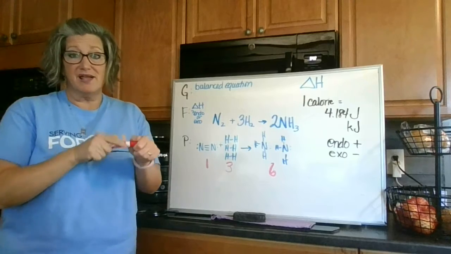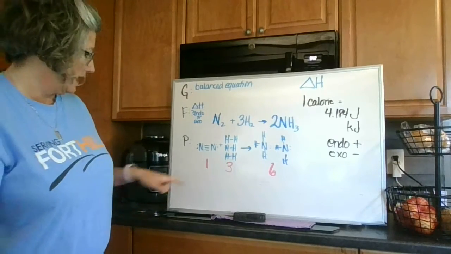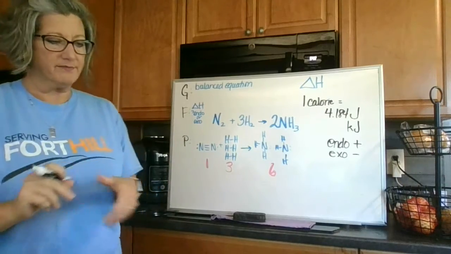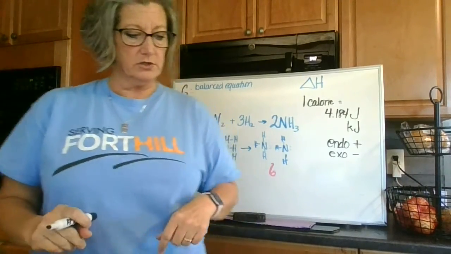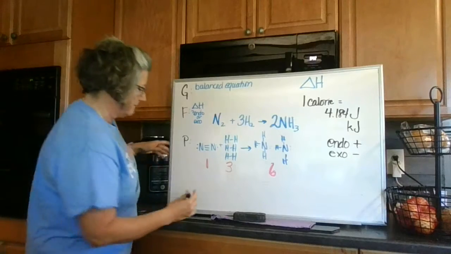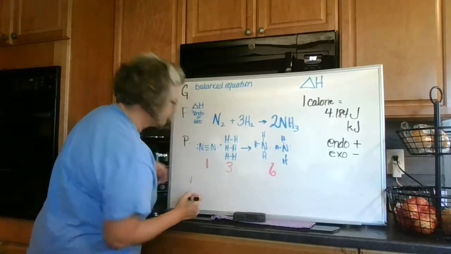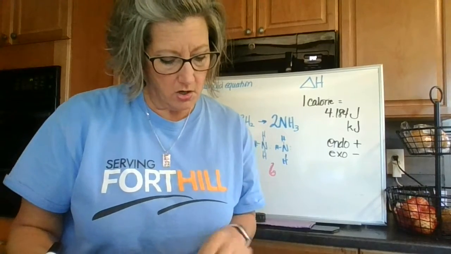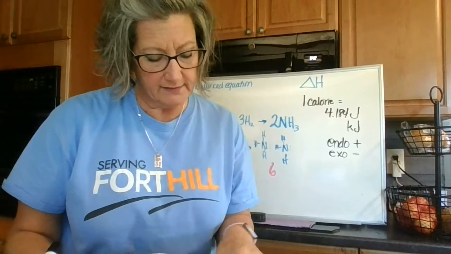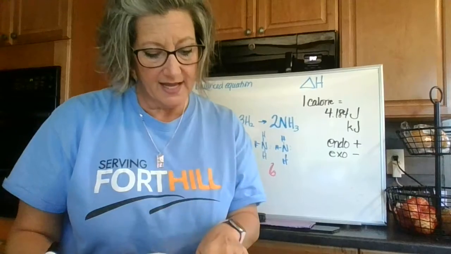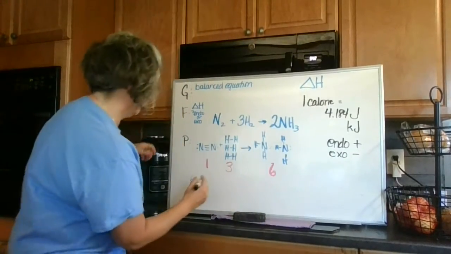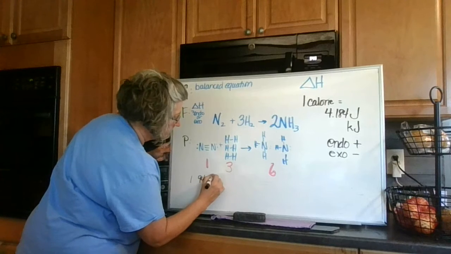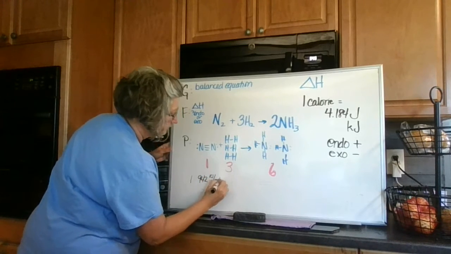Now's where my tables come in handy dandy. Remember how before I did some little math problems there? I'm going to look first at my nitrogen. My nitrogen is 1 times, if I look up nitrogen over here on page 456, sorry, it's going to be 942 times 942 kilojoules per mole.